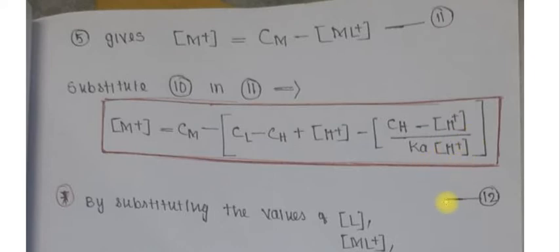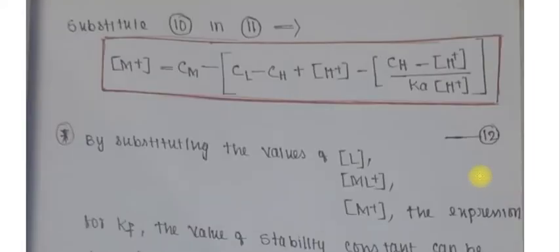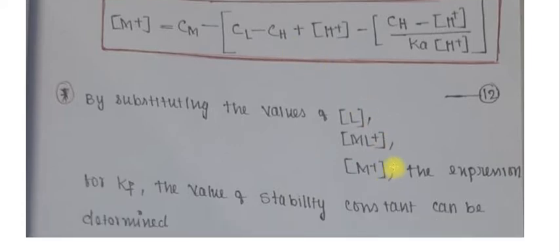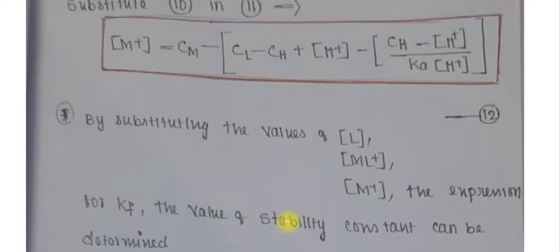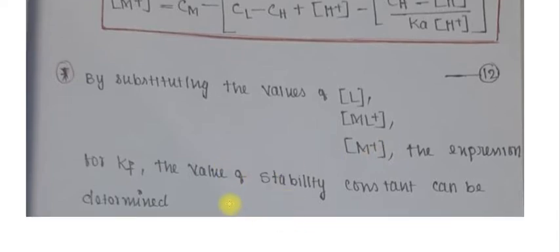So this equation is considered as the 12th equation. Then by properly substituting the values of L in the above equation, Ml plus, then concentration of M plus, and the expression for the Kf, the value of the stability constant can be determined.